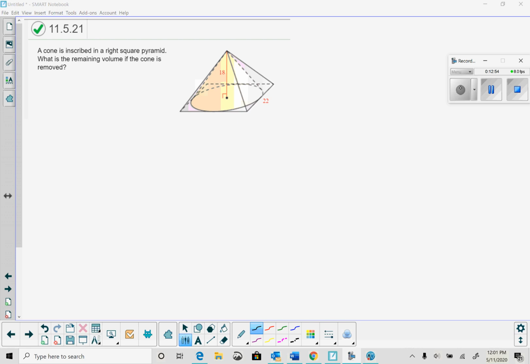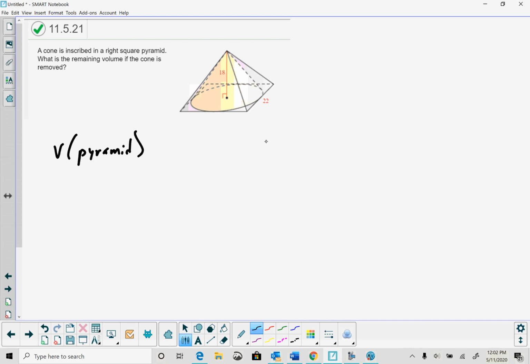All right, jumping over to 21. This was kind of interesting. The cone is inscribed in a right square pyramid. What is the remaining volume if the cone is removed? Okay, so we're looking at here the volume of a pyramid compared to the volume of a cone.